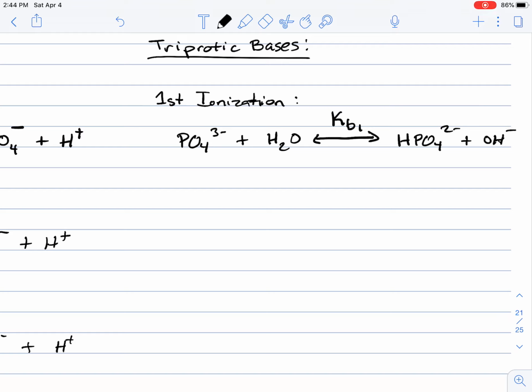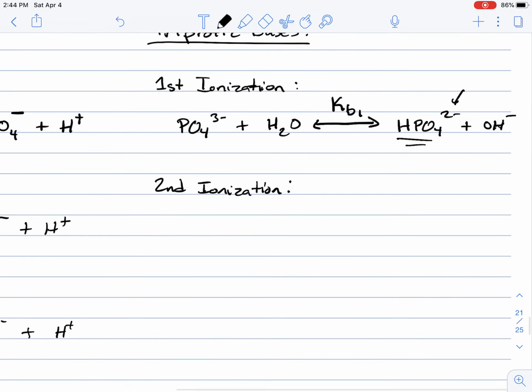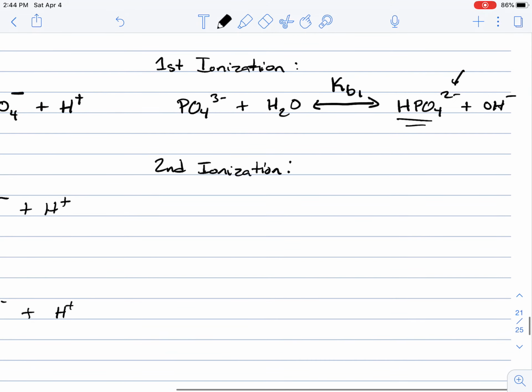And now we're going to take this product and write the second ionization. Okay, so if you notice, the charge is -2, so we still have extra electrons to donate.